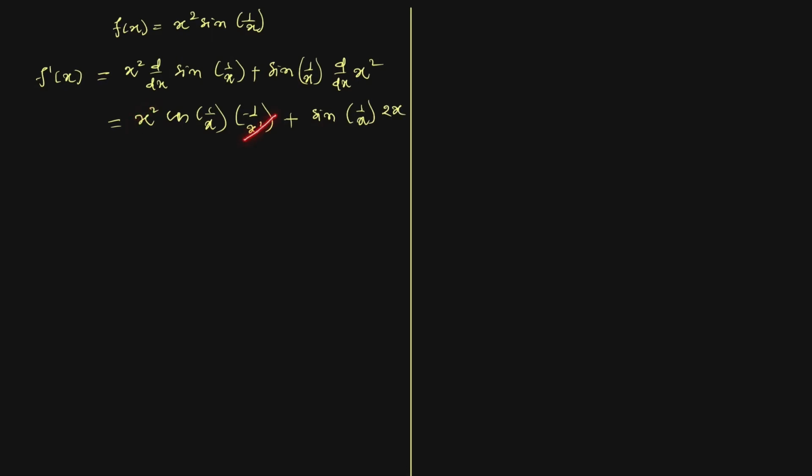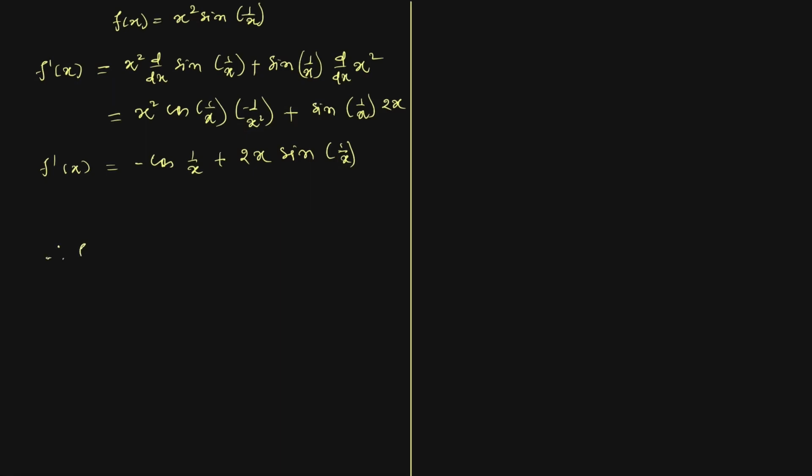Now we cancel this with this term, then we write f dash x, which is equal to minus cos 1 by x plus 2x sine 1 divided by x.